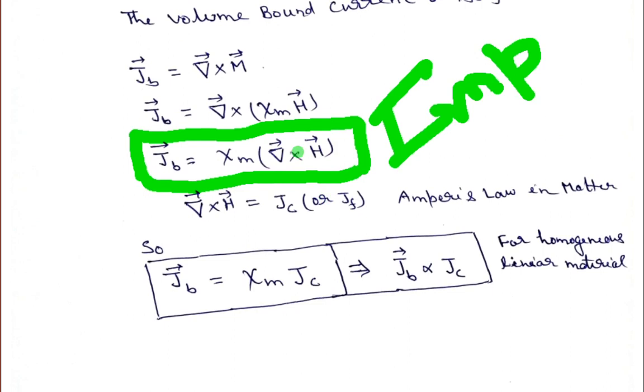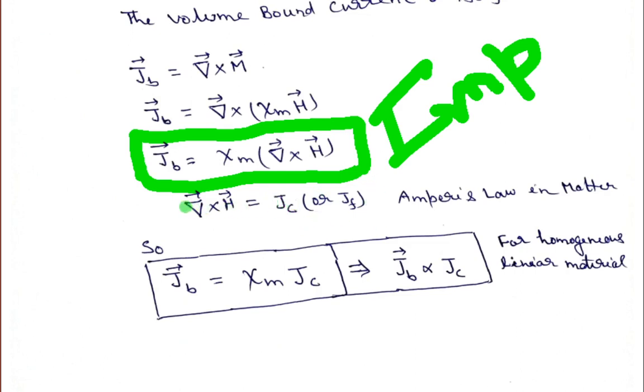Now we know from Ampere's law in matter that del cross H, which we have already derived, is equal to JF, the free current density, which we also call conduction current. Conduction current and free current are the same. So del cross H is equal to the conduction current or free current.